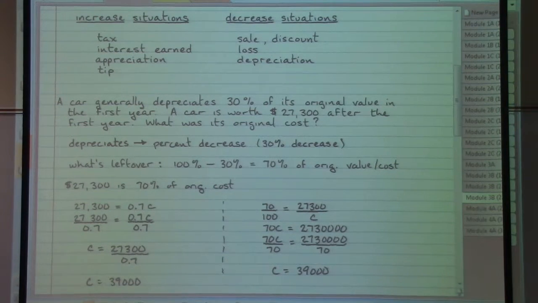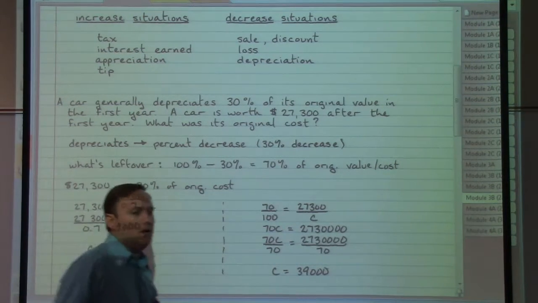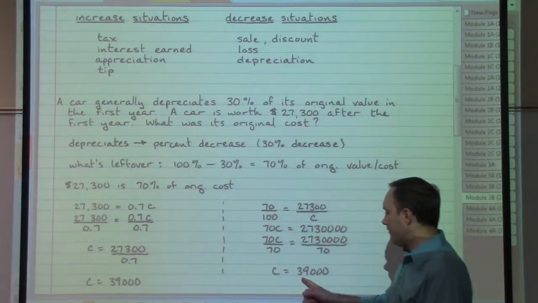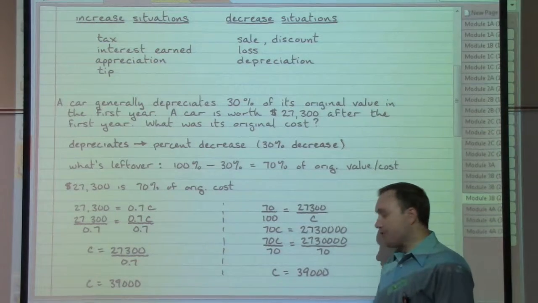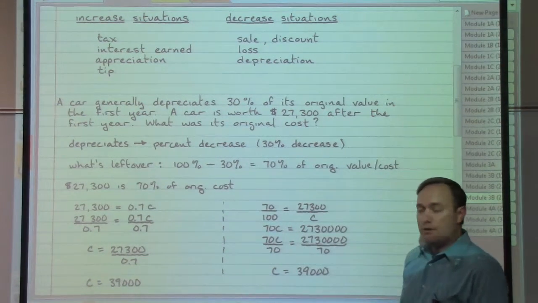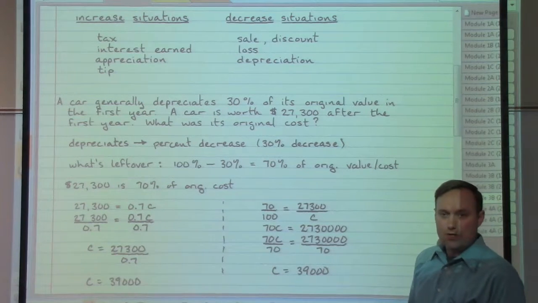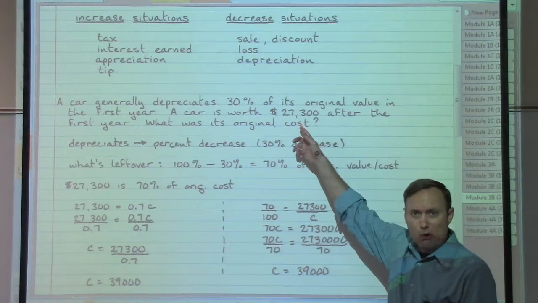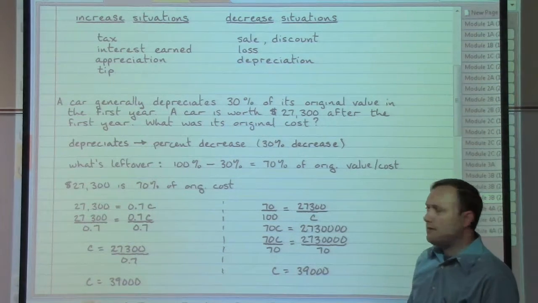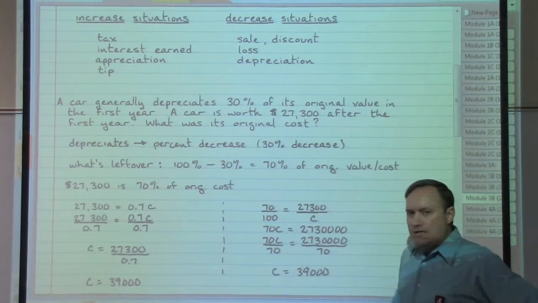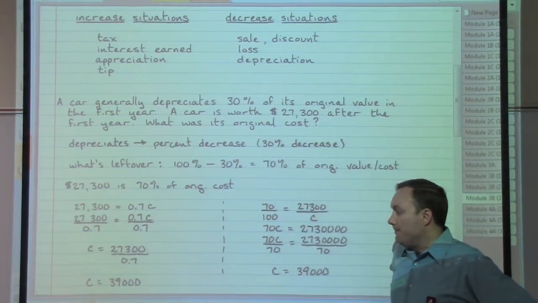If you take a moment and think about things, does that seem reasonable? 30%, roughly a third. Roughly a third is about 13 grand. 13 grand subtracted from the 39 grand gets me 26 grand. 26 grand's pretty close, at least ballpark, to the 27,300. So, roughly speaking, I seem to be in a pretty good neighborhood here.